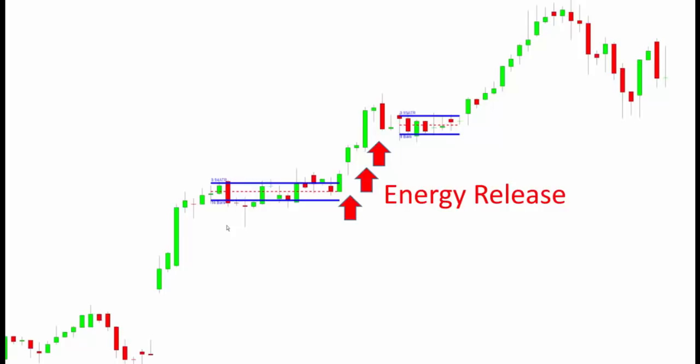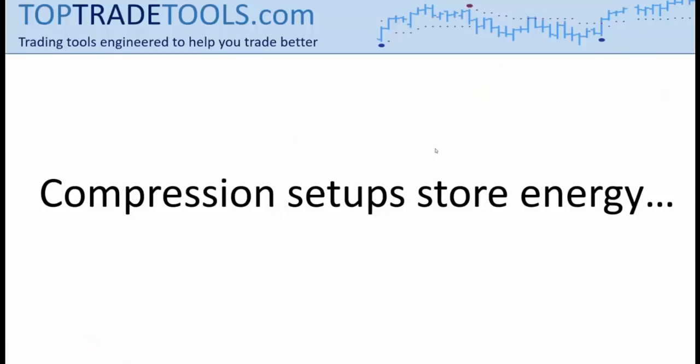But when you're talking about specifically the edge that a compression pattern offers, it's for that energy release, and once that's done, then you're done. Then you essentially finish and complete the pattern and look for the next compression setup.